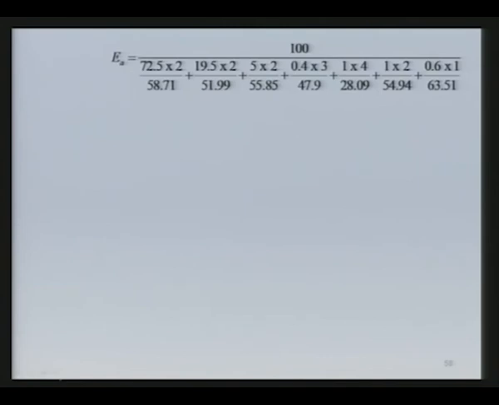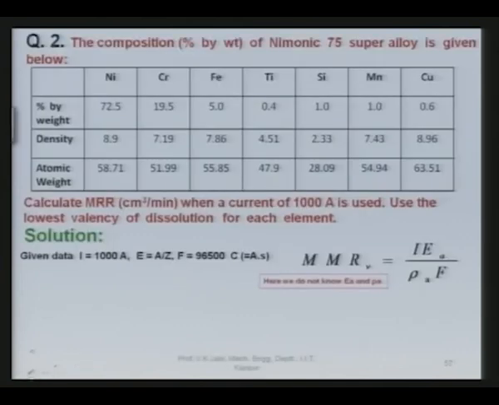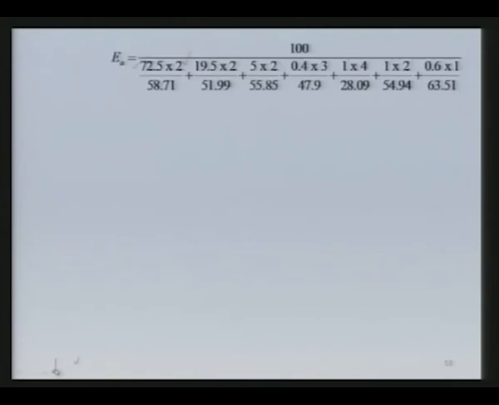Taking those values, E_A is equal to 100 divided by 72.5 into 2 by 58.71. Here 72.5 is the percentage of nickel in the alloy, 2 is its valency, and 58.71 is the atomic mass of nickel. Using these values for the different elements, we can calculate the chemical equivalent of the alloy as 27.68 gram.